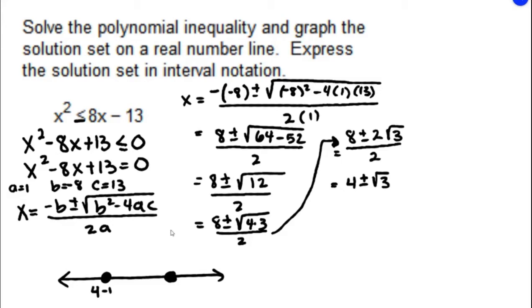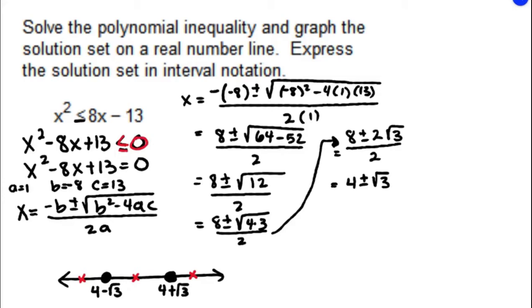That's 4 minus square root of 3 and 4 plus square root of 3. And we need to test each one of these intervals to determine whether it's a solution to this inequality with less than or equal to 0.